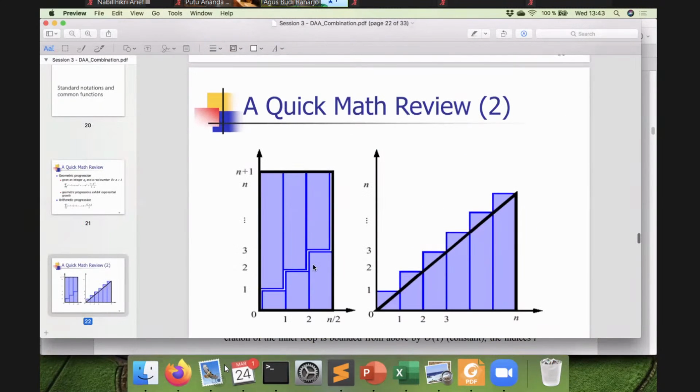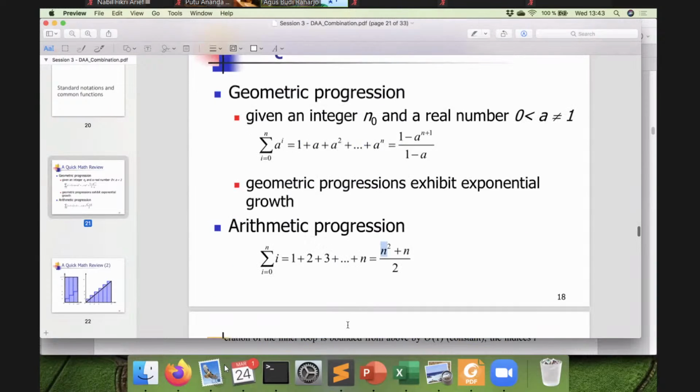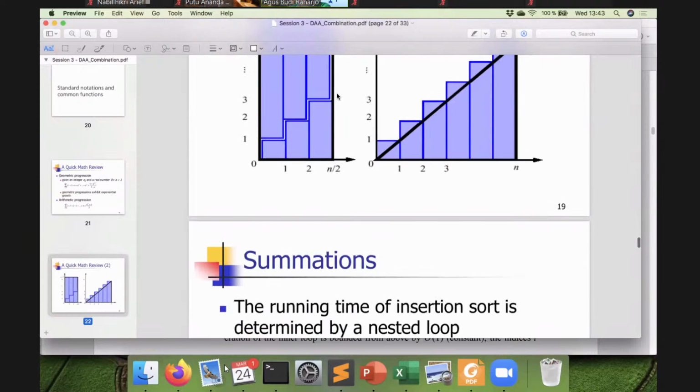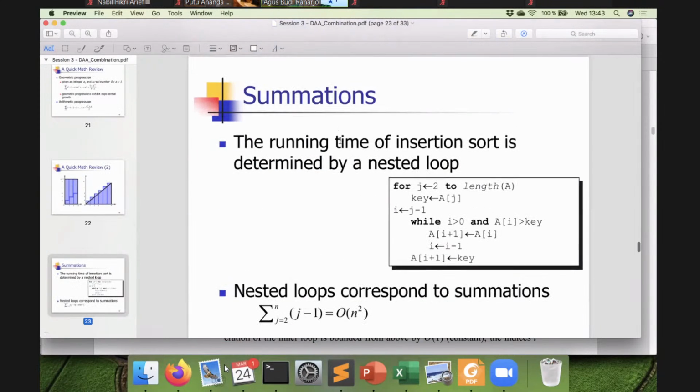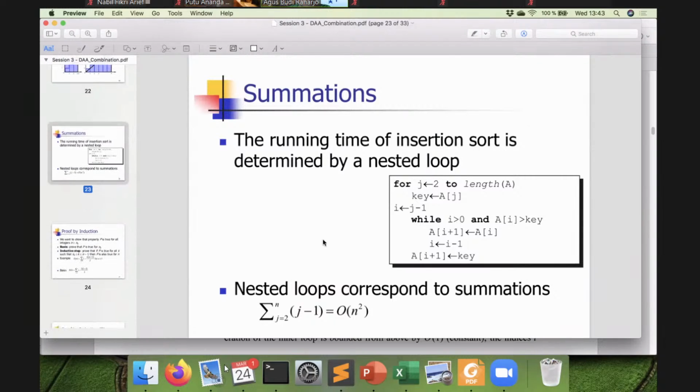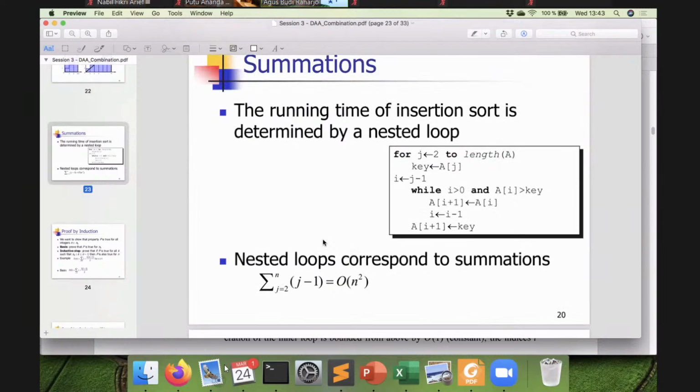This one is for this one, and this one is for the second one, arithmetic progression. Another thing is summation, sum.